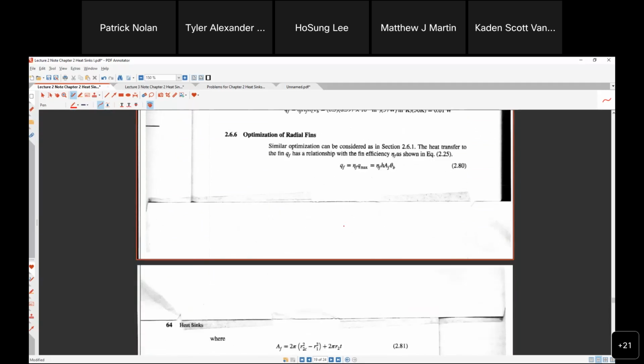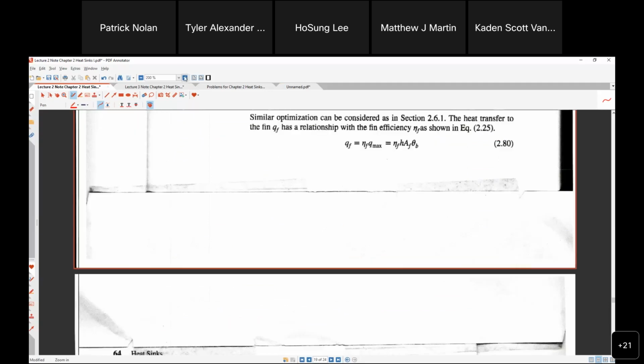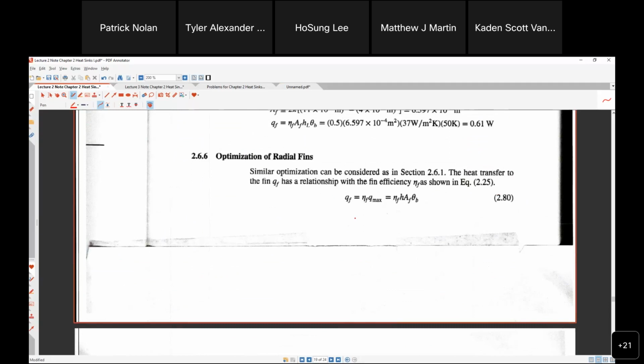Okay, now, optimum design. So again, look at that. For the radial fin, QF is efficiency times Qmax.